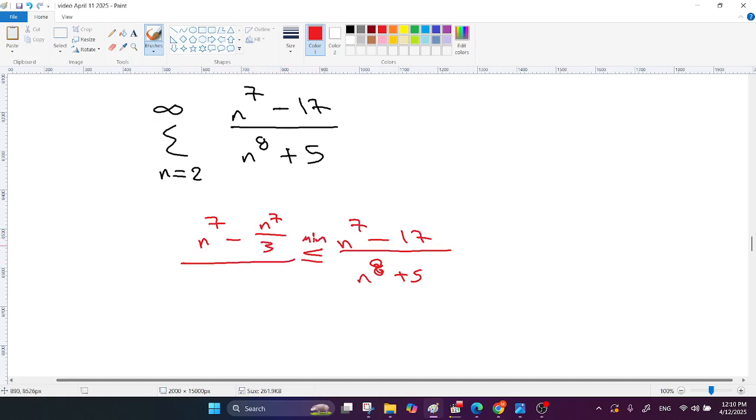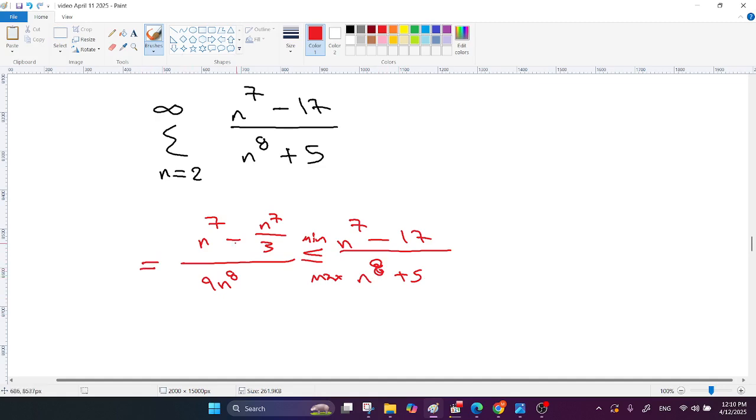Here minimize, here maximize. I need to put something clear here, max for this one. So let's put 9 n to 8. The best thing to put is 6 n to 8, because here you have 5 plus 1, 6, okay? But I want to put 9.